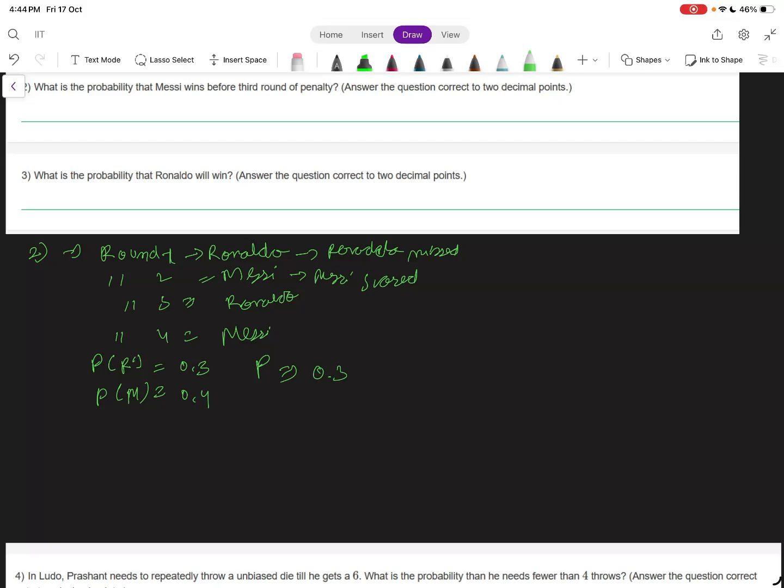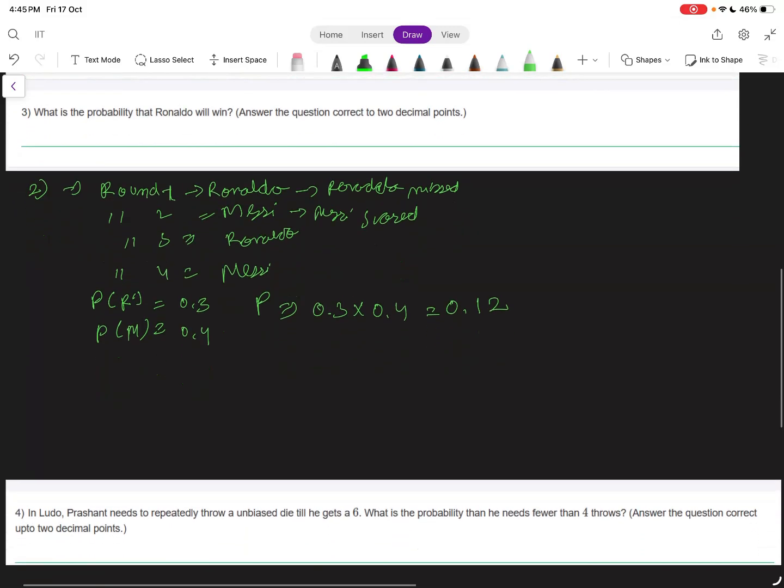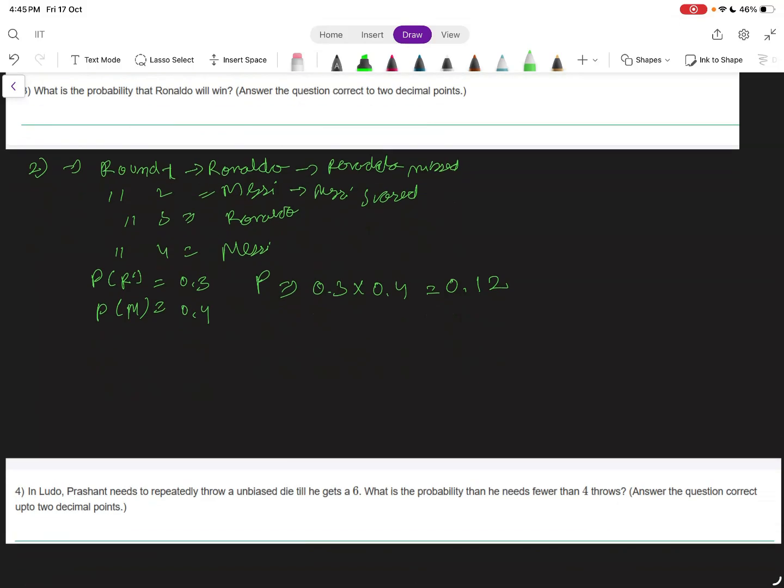In round 1, what's the probability? The probability of Messi winning will be, Messi is 0.4, so this means he scored, but someone has to lose. Who is losing? Ronaldo. So the probability here is Ronaldo did not score, and here's the keyword, that's why I'm multiplying, and Messi scoring. That's why your total probability in round 1 is 0.12. But this isn't over. This is just the first round.